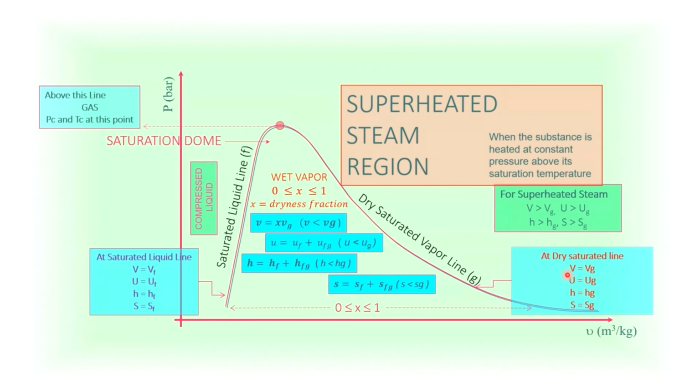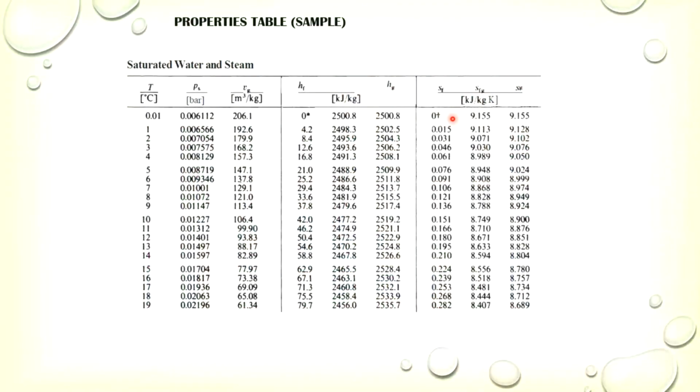Any value given which is equal to the G values, we call dry saturated. Anything that is greater than the G values is called superheated. So the superheated usually lies in this region here. This is a sample of your steam table.